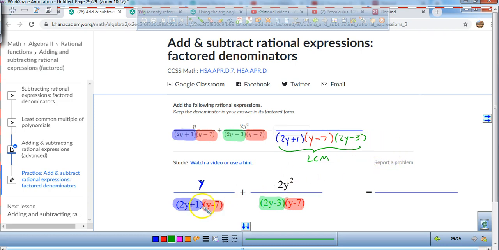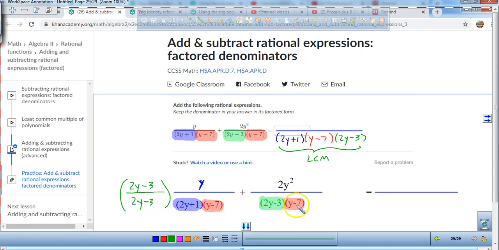So now we look over here and ask ourselves, what do we need that we don't have? We have the blue and the red, but we need the green. So we are going to multiply the numerator by 2y minus 3 over 2y minus 3.